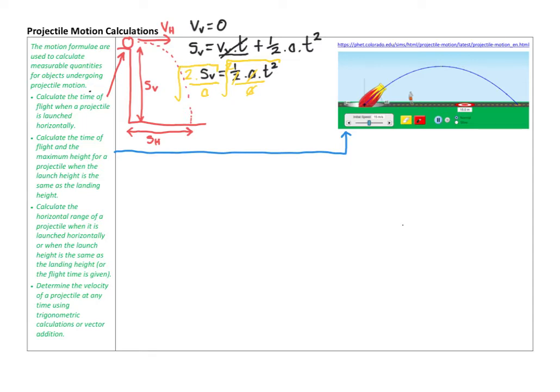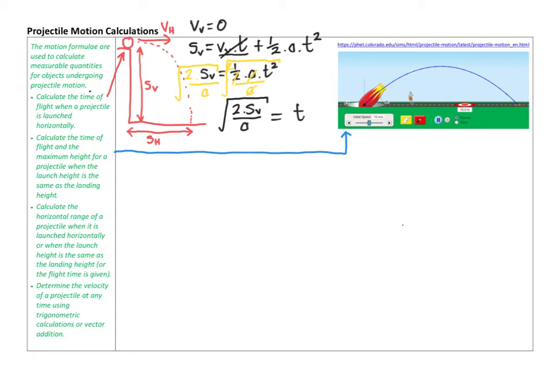So what we get left with is the square root of 2 times SV on A equals T. So for a projectile that's launched horizontally, that's how we can determine the time of flight.